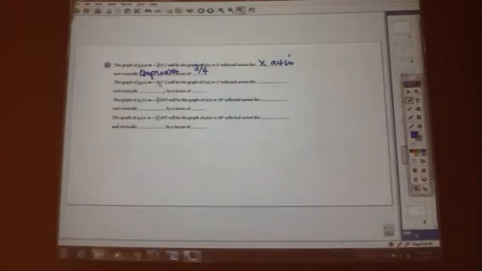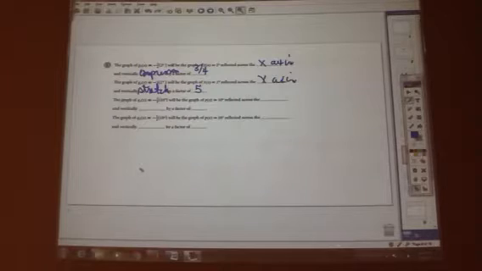The graph of -5 times 2 to the x will be reflected across the x-axis and have a vertical stretch by a factor of 5.